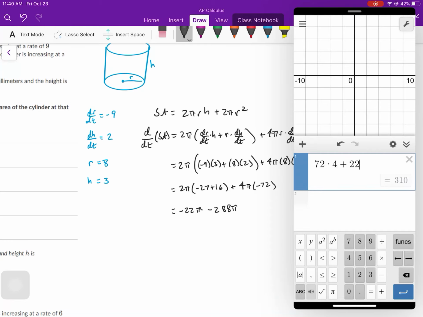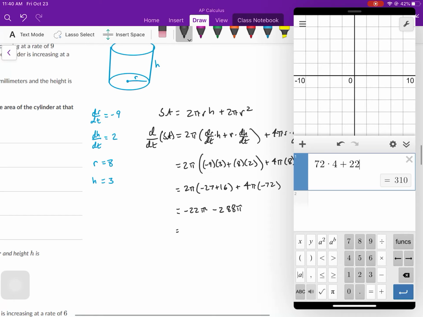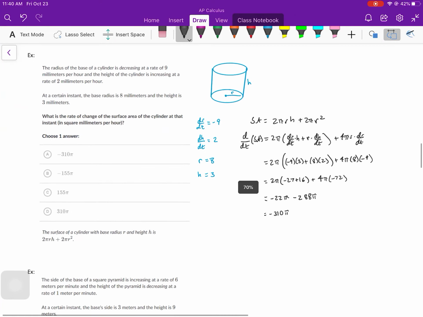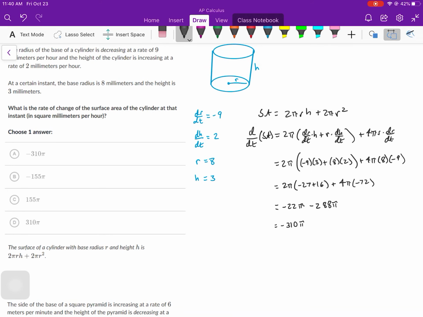So 288 plus 22, 310. Let's hope it's there. And it's a negative rate, so that means we're just decreasing at that moment, right?